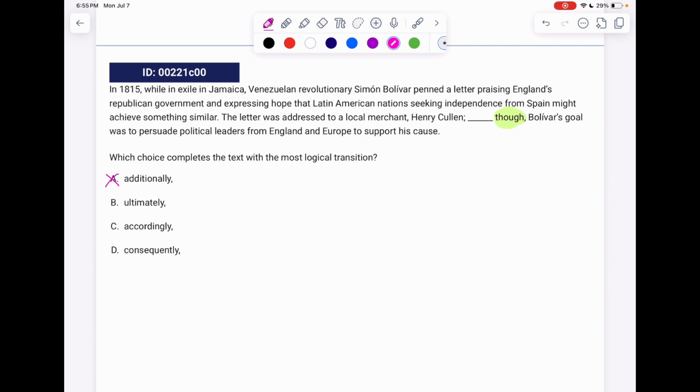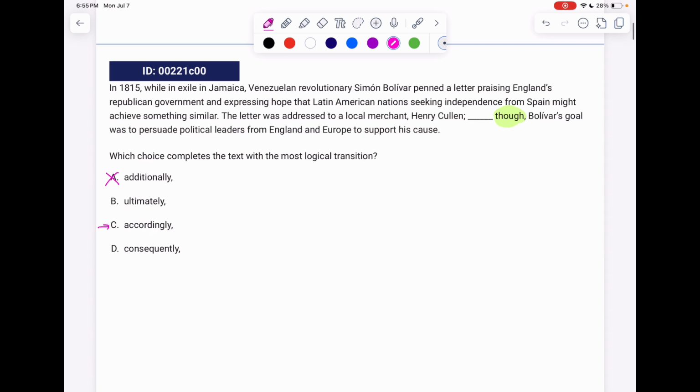If we look at accordingly, that's C, it uses a cause and effect transition. Accordingly, this thing happened. Accordingly, because of this other thing, the next thing happened, right? Bolivar's writing of the letter to Cullen would not cause him to have a goal of persuading European powers to support him. So we can say that C is incorrect.